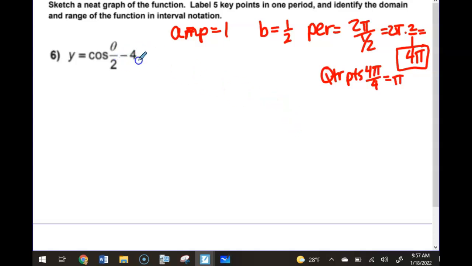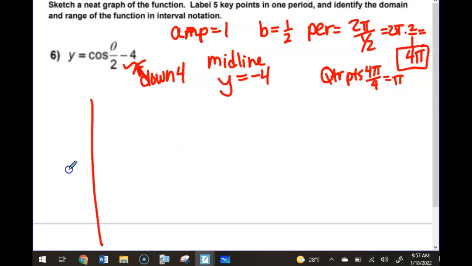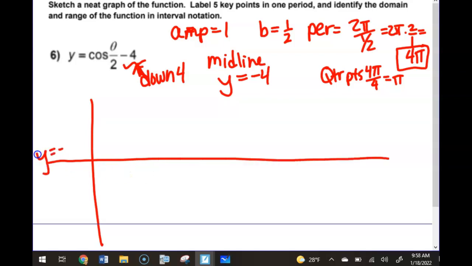All right, what is this minus 4 at the end telling us? Yes, this is a shift down 4. That's telling us it's shifting down 4. So the midline will be at y equals -4. All right, there's 2 ways you can do this. Some teachers have you just call this the new midline of y equals -4, okay?